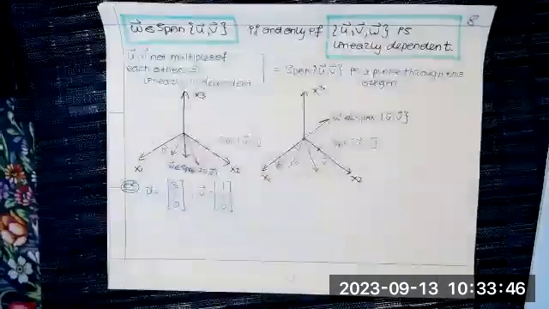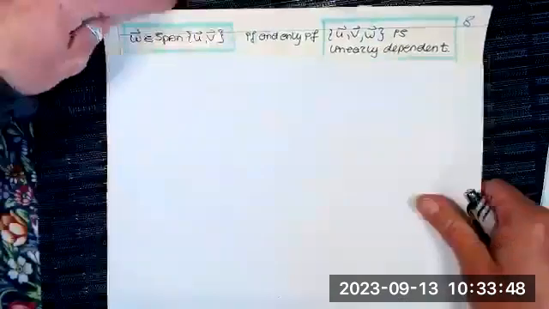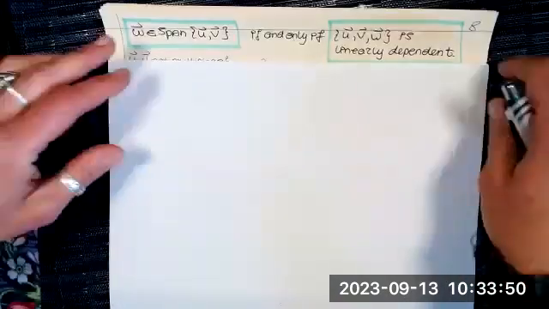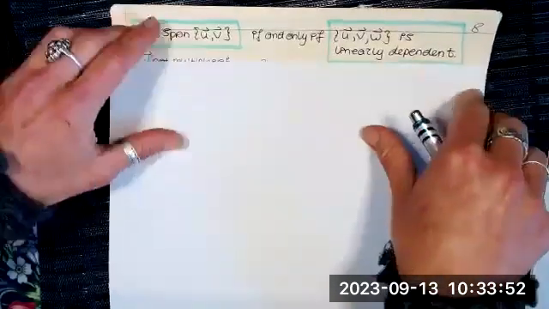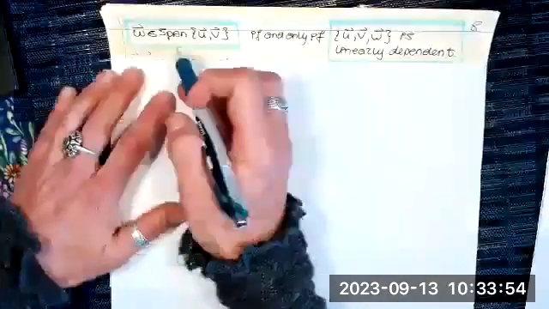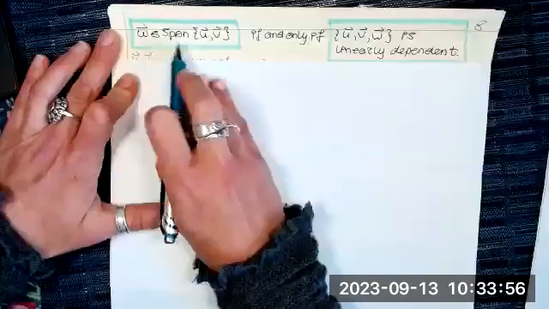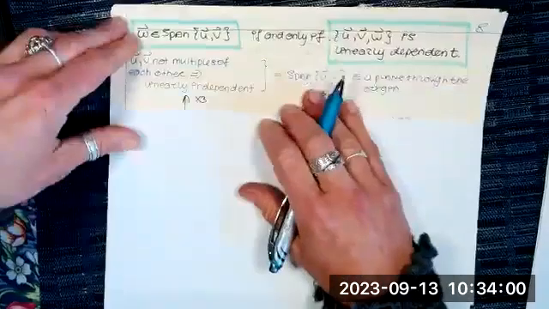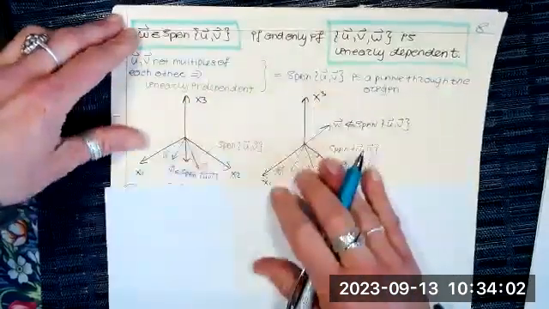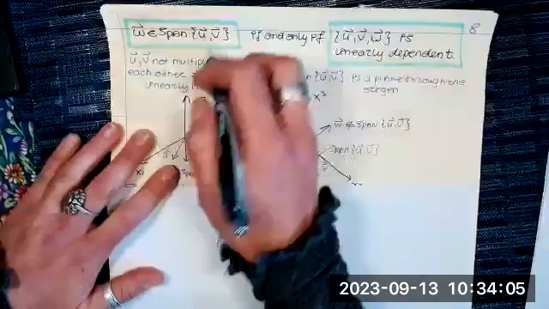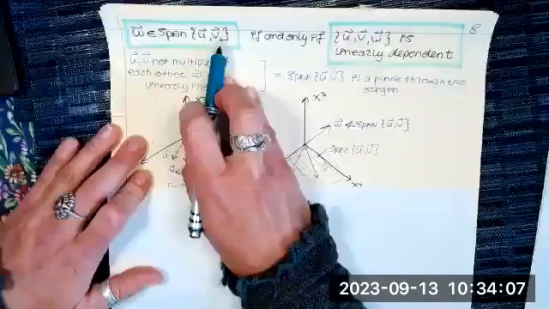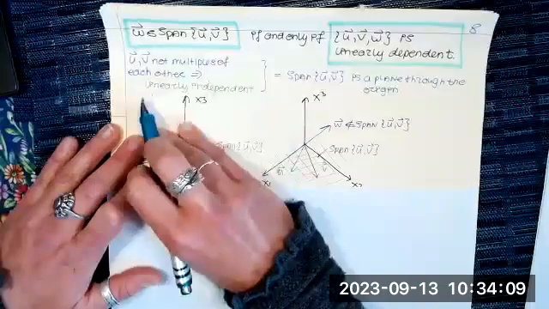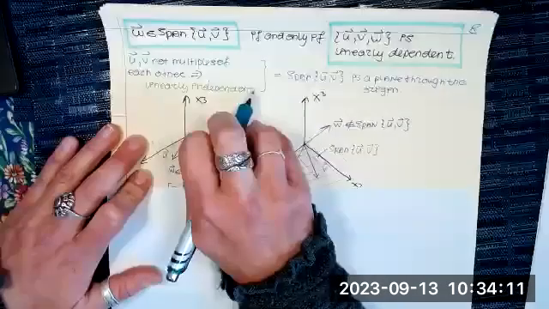We can do one more intermediate theorem here. This can be extended to more than just two vectors, but suppose I'm looking at the span of any two vectors, u and v, which are linearly independent. So if u and v are not multiples of one another, they're linearly independent.